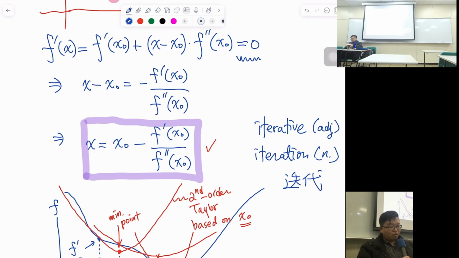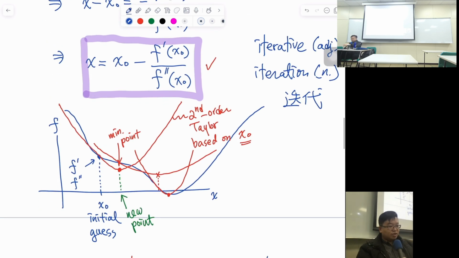And if you want to use it as an adjective, then you use iterative. Okay? So in this approach, you realize I plug in and solve the problem multiple times. I use the solution from one particular time as my new start for the next time. So I repeatedly do this until I cannot improve. Then I stop. Okay, so that's so-called iteration.